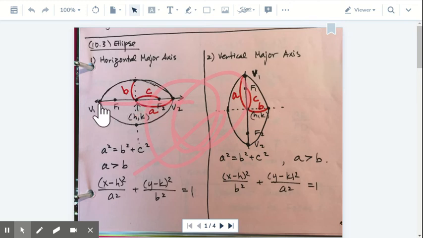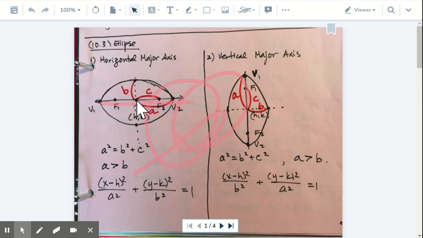It could be either one, they're the same on either side. So that's A here. B is the distance between the center and the covertex. So this distance is B, and also this distance is B. C is the distance between the center and a focus. Either this one or that one, they're the same. So A, B, C.